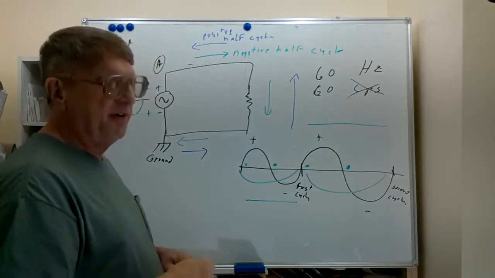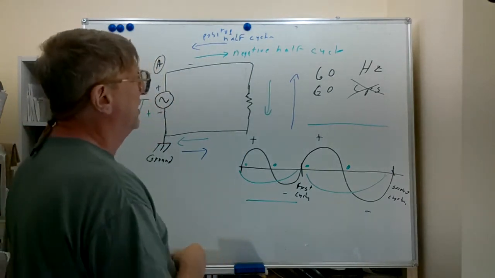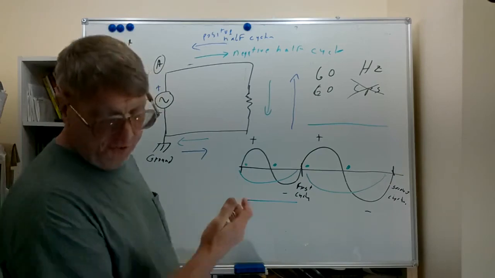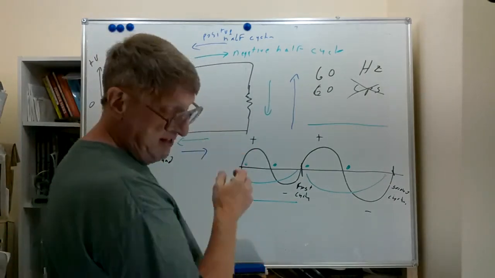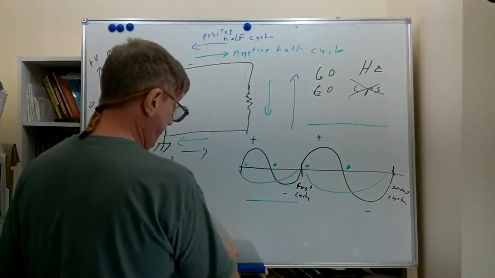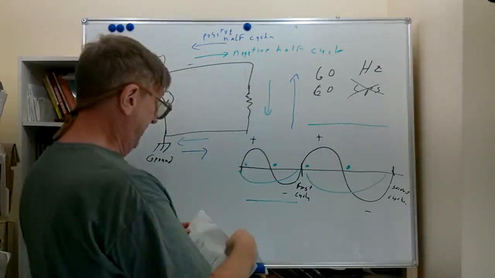So the number of changes of current direction is twice the frequency of the AC current flow.